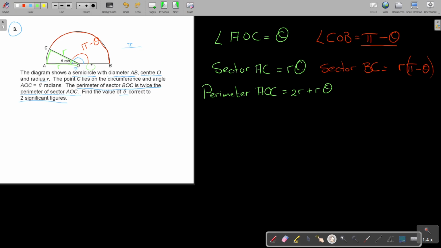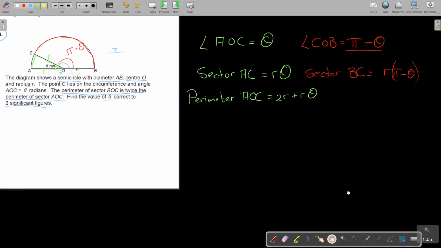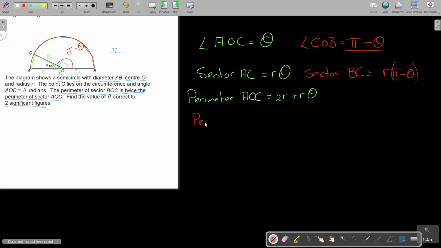So perimeter, I'm going to write it just underneath, otherwise my space. Perimeter BOC is now that red plus that plus that. So that is also going to be 2R plus R times pi minus theta.